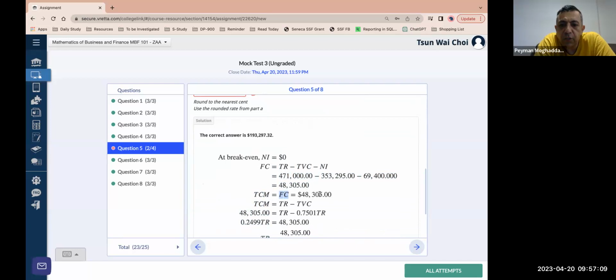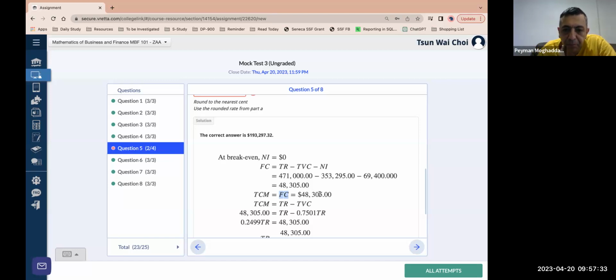You can do it your own way too. You need to find the contribution margin, and total contribution margin means the contribution margin multiplied by the number of items. We discussed this before: if total contribution margin is equal to fixed cost, then you break even.